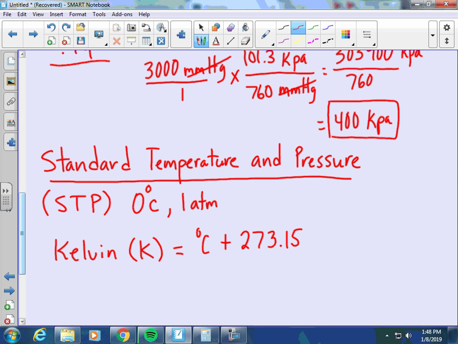So if particles continue to slow as we remove energy from them, they move slower and slower. If they're a gas, they move slower and slower, become a liquid, and a little closer together. Continue to cool a liquid, they're going to get closer and closer until they're all lined up and just vibrating, which we call a solid.